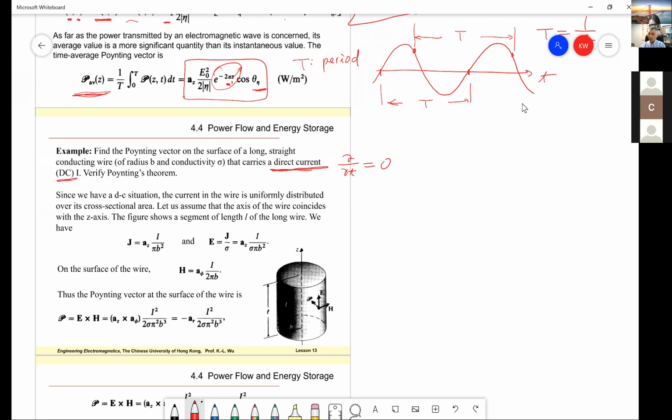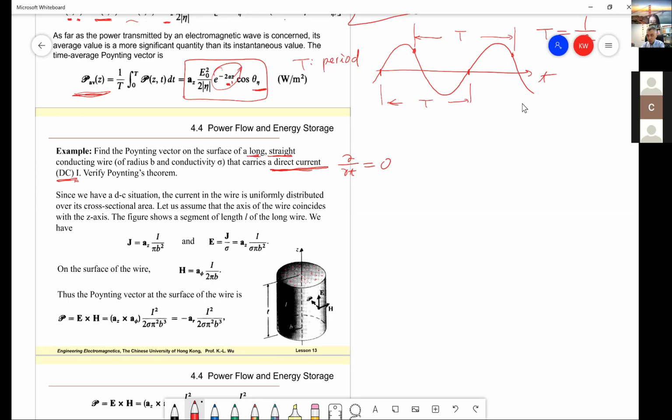What that means is we have a very long, straight conducting wire. Then we have a total current I. Because this is DC, the current is uniformly distributed across the cross-section.